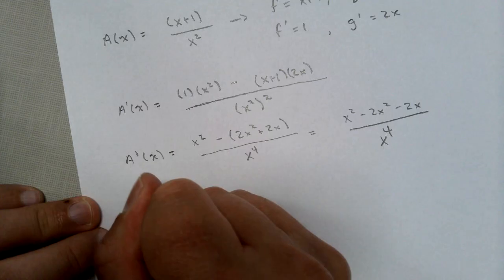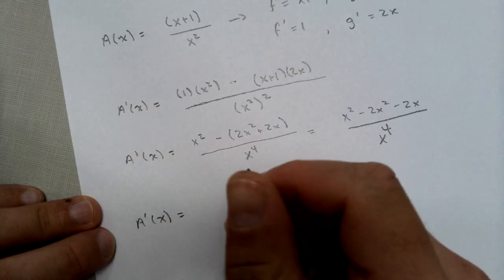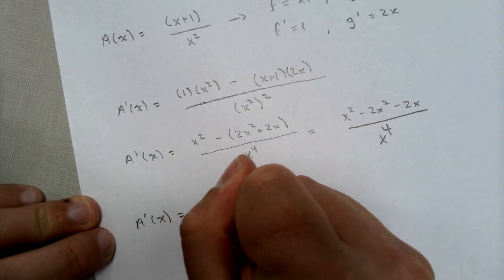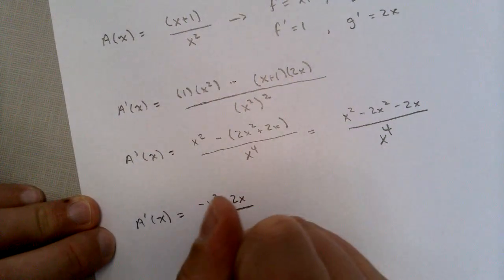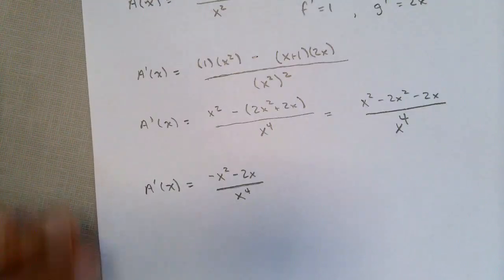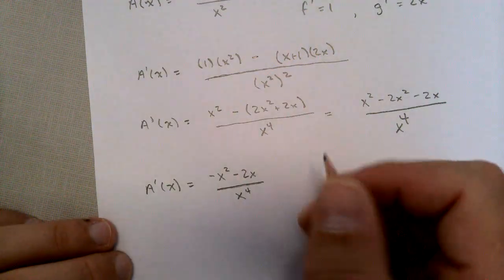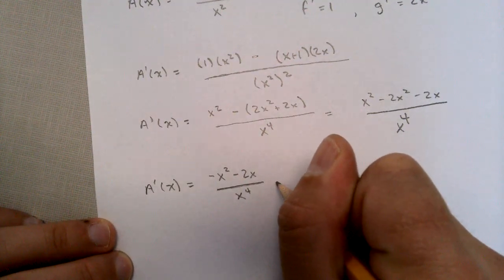And a prime of x is equal to, so x squared minus 2x squared, that's negative x squared minus 2x all over x to the 4th power. And we can continue to simplify this. We could just do it this way.